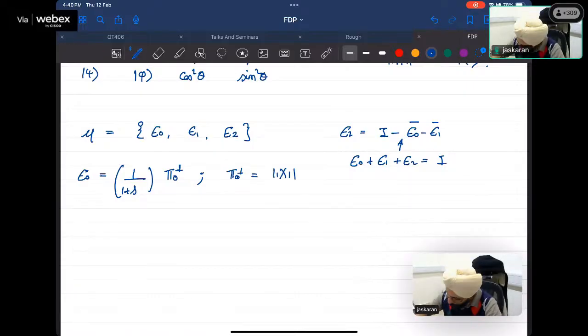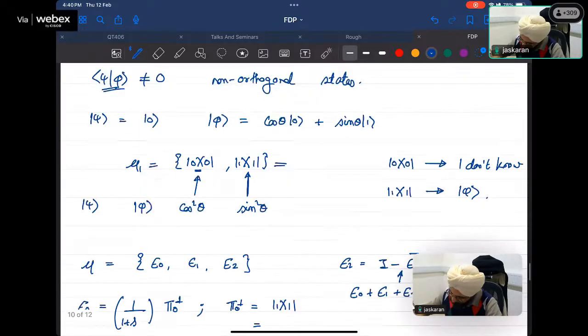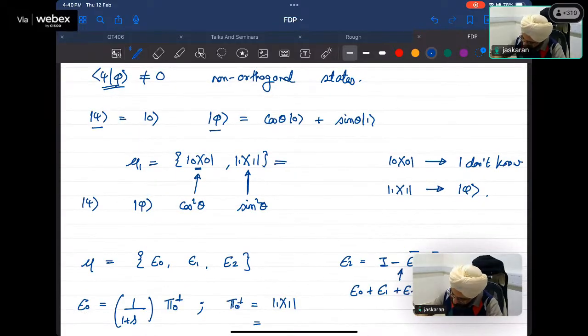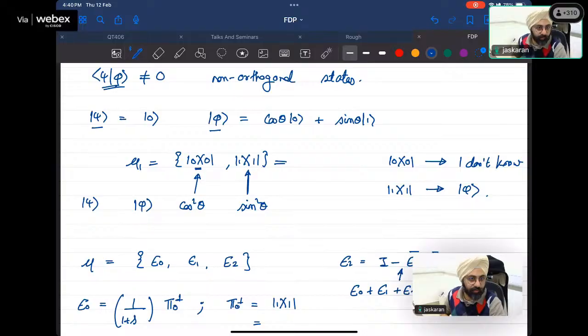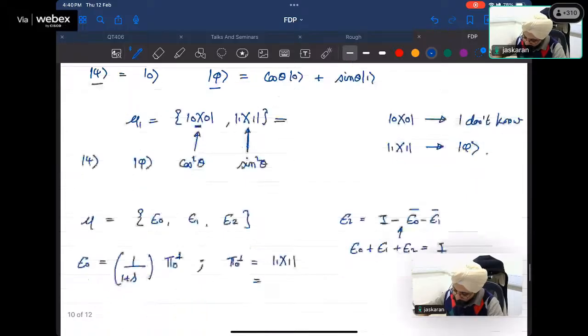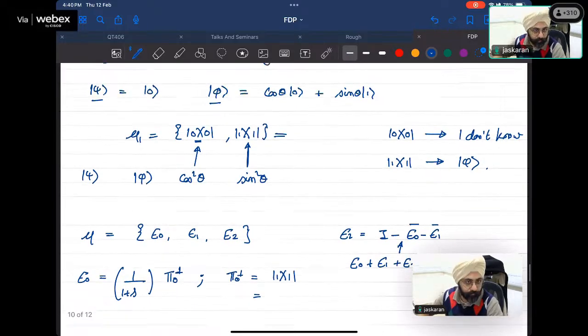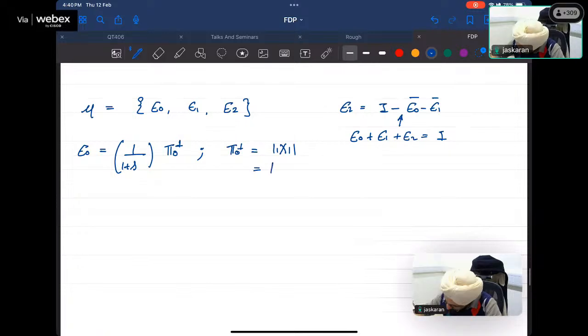Moreover, for the states psi and phi given to me in this fashion, I am choosing pi 0 perpendicular as the state which is perpendicular to ket psi.